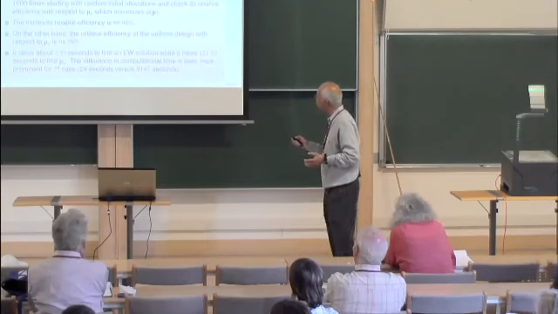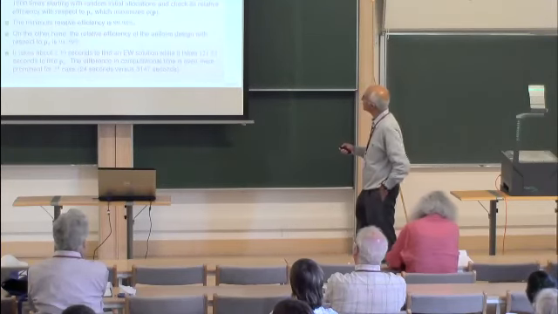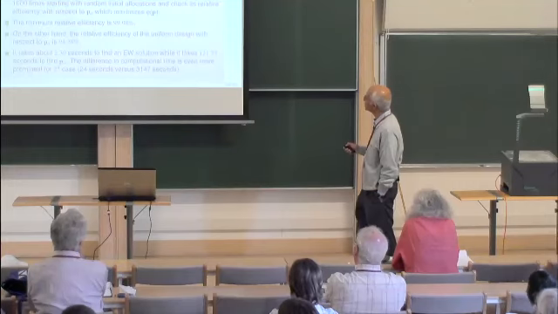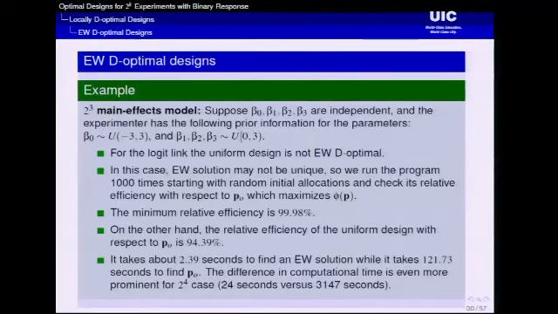So let's take this prior. It turns out, in this case, the relative efficiency of the EW design with respect to the true Bayes design is not more than 99%. And not only that, it takes only 2.39 seconds to compute, whereas the Bayes design takes 121.73.